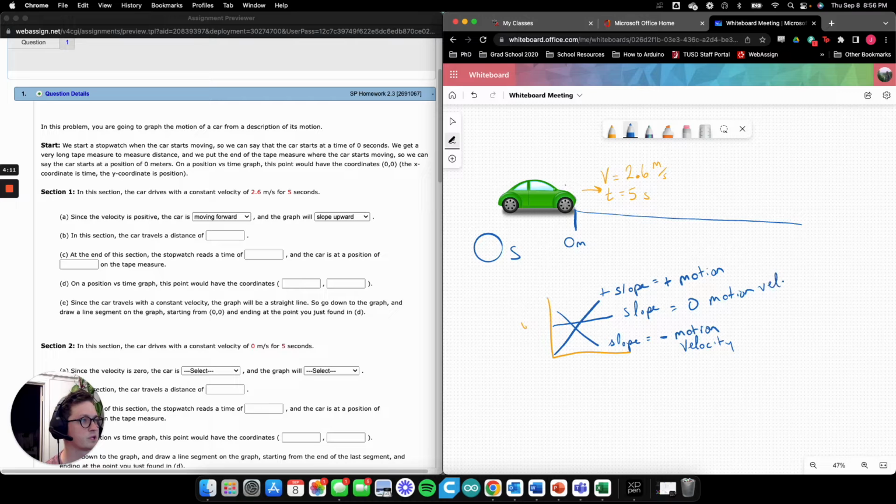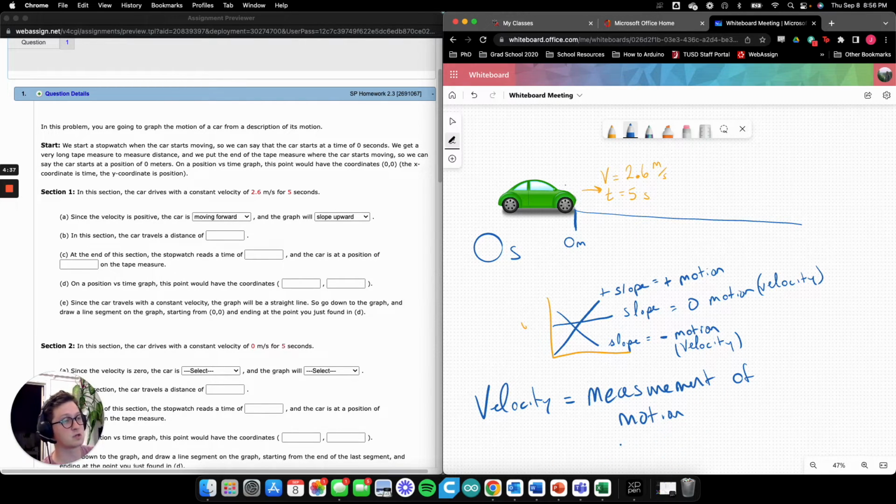Velocity is the measurement of motion. And I say that it's a measurement of motion, not just the measurement of speed or rate of position change, because velocity includes both speed, meaning it tells you how fast something's going, but it also includes direction.